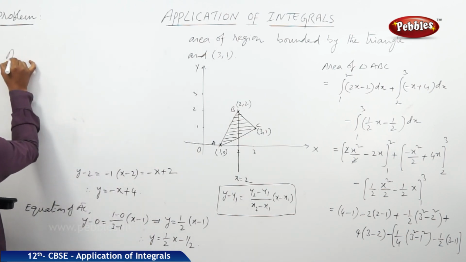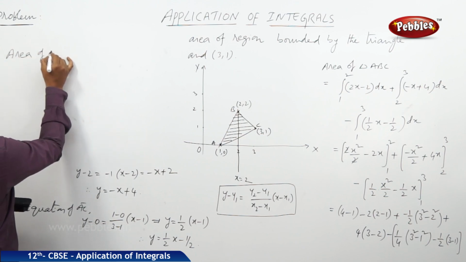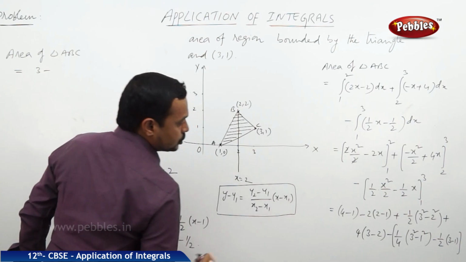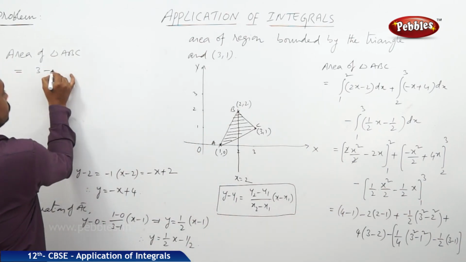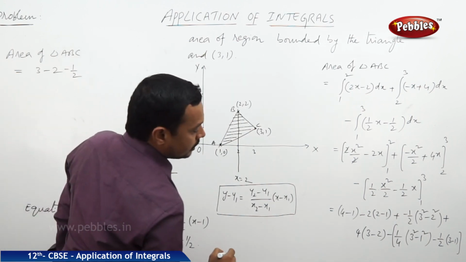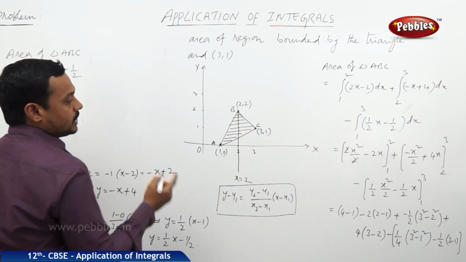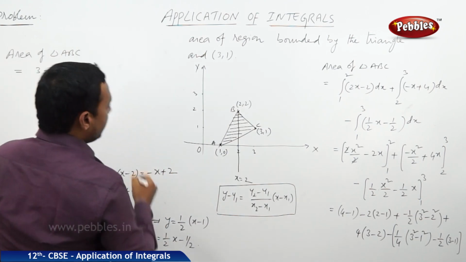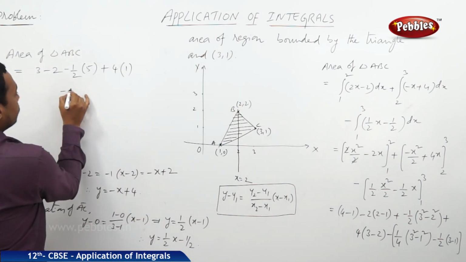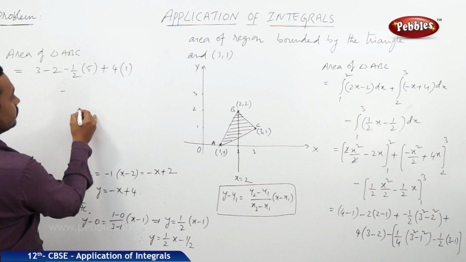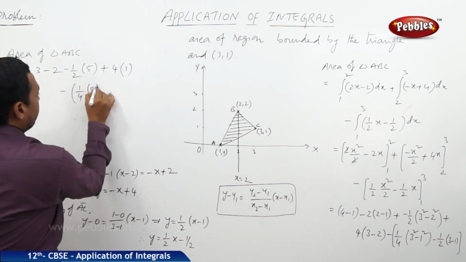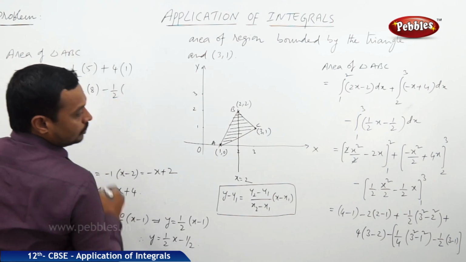The required area, or the area of triangle ABC, is equal to 4 minus 1, 3, minus 2 into (2 minus 1), 1, into minus 2, plus minus 1 by 2 into 3 square 9 minus 2 square 4, 9 minus 4, 5, plus 4 into 3 minus 2, 1, minus of 1 by 4 into 3 square 9 minus 1, 8, minus 1 by 2 into 3 minus 1, 2.